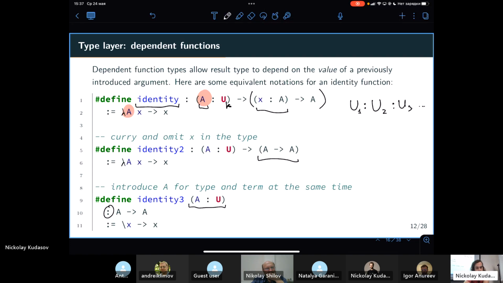But then the problem is when you have multiple types, like you have A of type UK and you have B, for example, of type UL, then you have to understand how these indices relate. And sometimes this can be easy. You can say that K is equal to L plus 1. Sometimes you can say that K is less than or equal to L plus 2. Or you can have some other weird stuff that you would have to deal with.